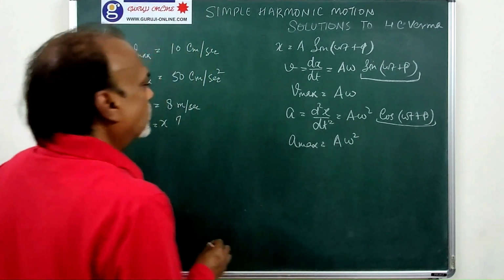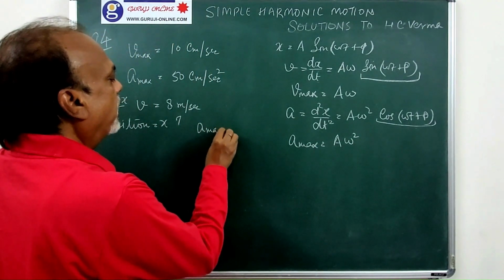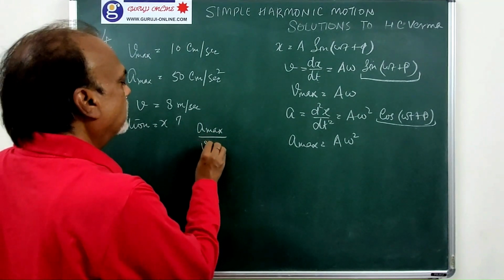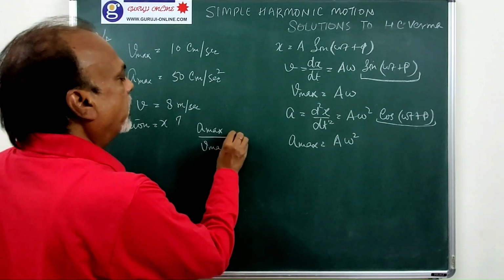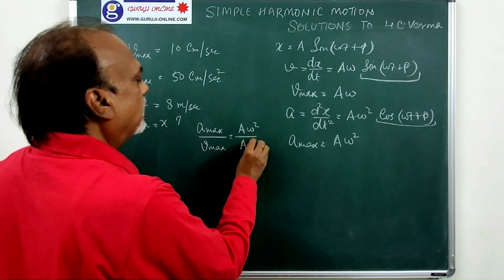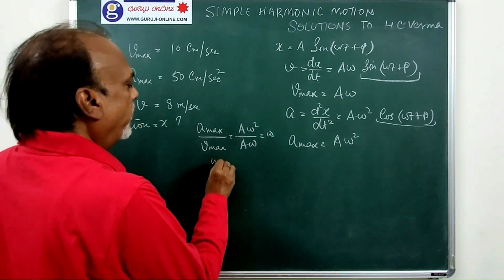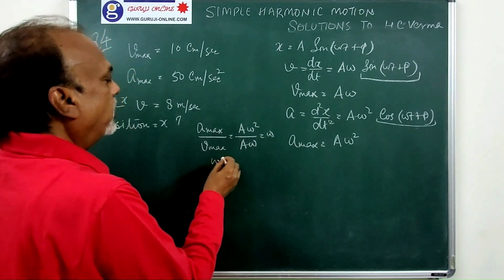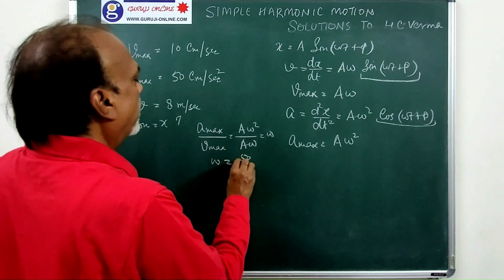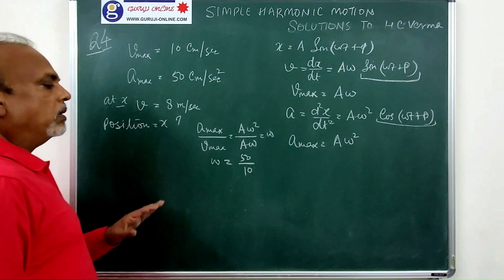Correct? So from here we can see A max upon V max is nothing but A omega square, and this omega is nothing but... With this, A max is 50 and this is 10.